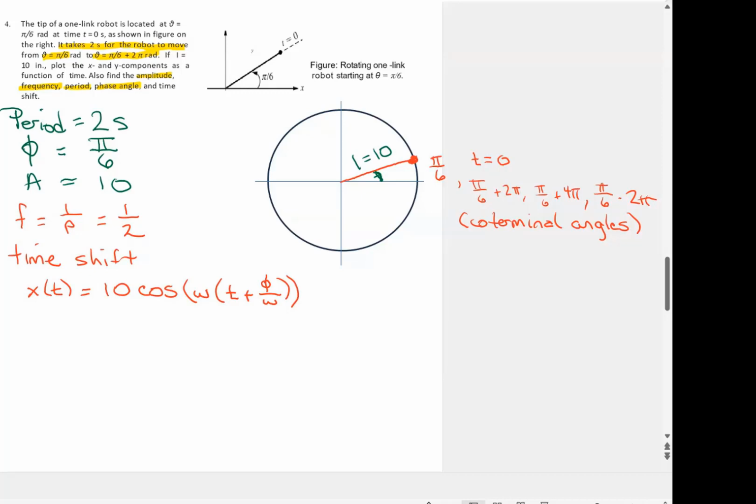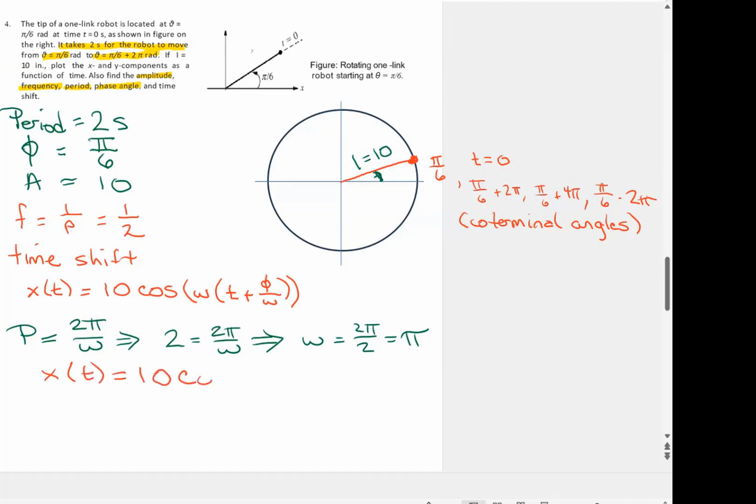If I want to find omega, remember we have a formula. Our period is equal to 2 pi over omega. We know our period is 2. We solve for omega, and we get omega equals 2 pi over 2, which equals pi. All right, now I know omega. We can plug that in. x of t is equal to 10 times the cosine of pi times t plus phi.